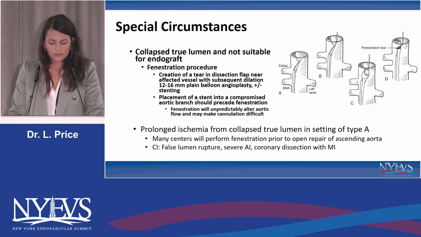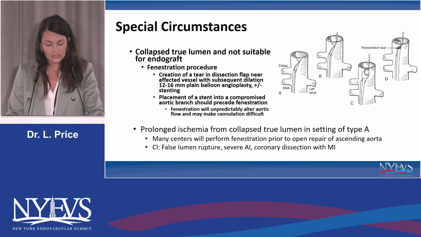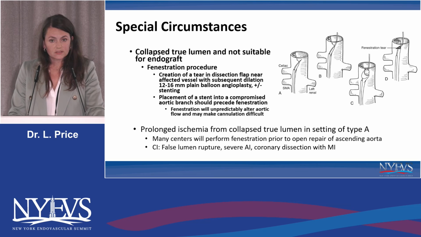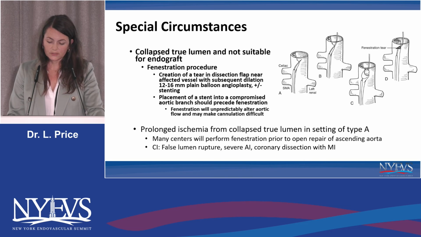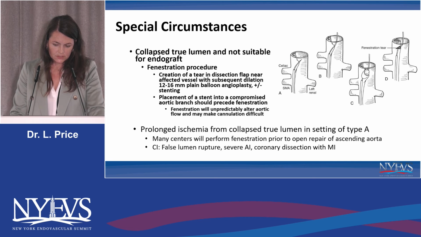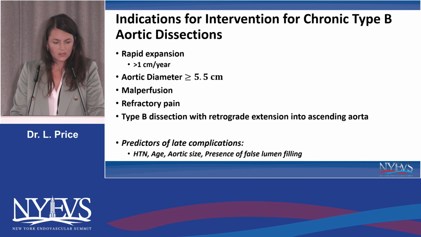Prolonged ischemia from a collapsed true lumen, for example, in the setting of a type A, really depends on the institution, but many centers will perform a fenestration prior to the open repair of an ascending aorta, and this is for patients who have prolonged ischemia. The contraindications to doing that are mentioned here.